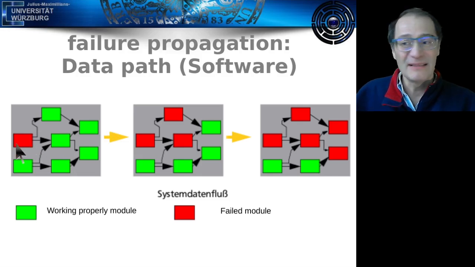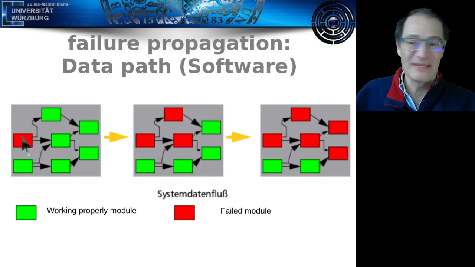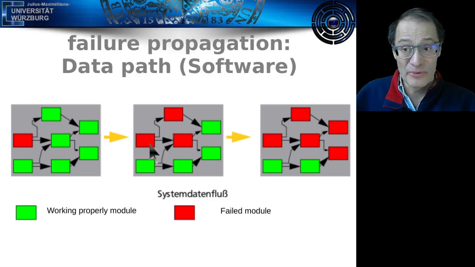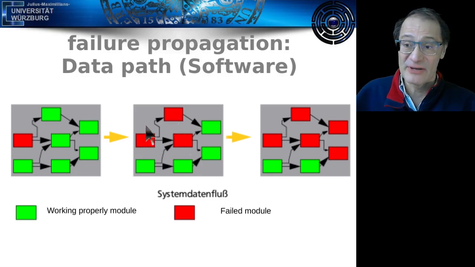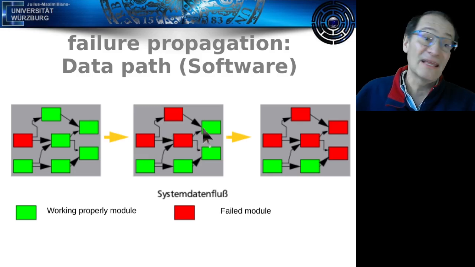And this module computing the airspeed fails. And then the next which are going to fail are the modules which are using data from this other module. So we are propagating this. And if these modules have failed because they are using wrong data, then they are going to propagate wrong data and the next module will fail.